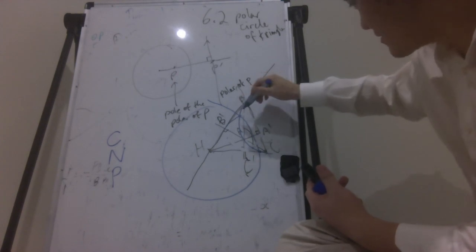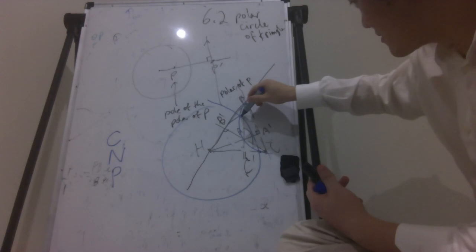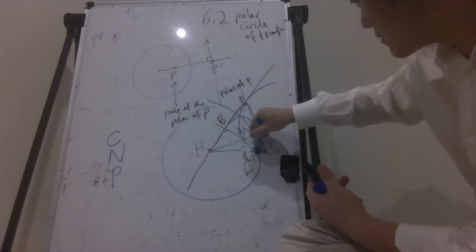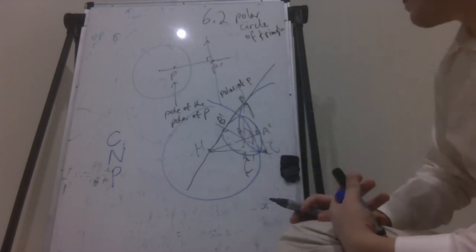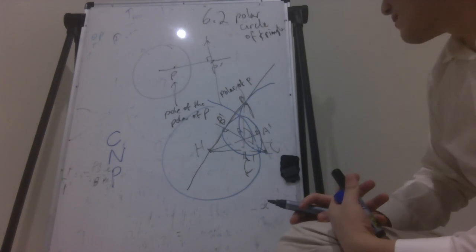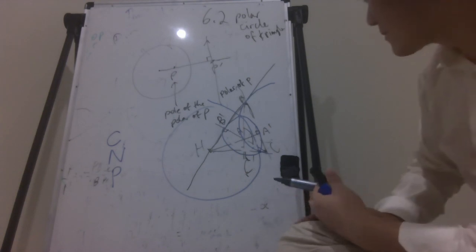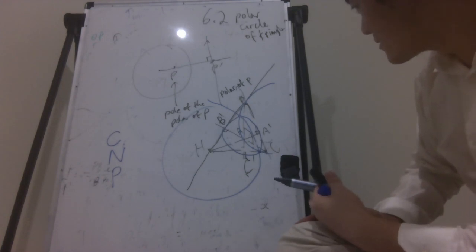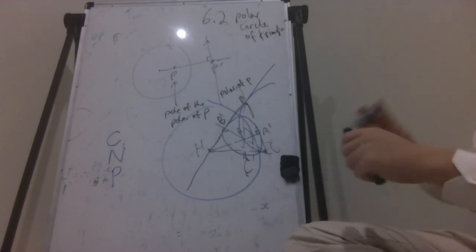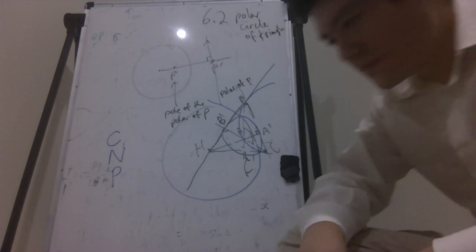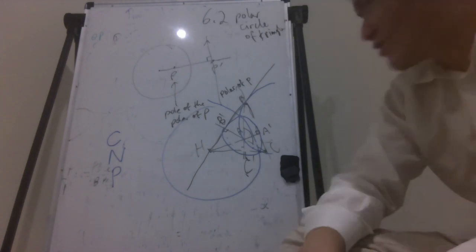Oh, that totally goes through C. Oh, it's meant to go through C prime. The question is, did drawing that help at all?